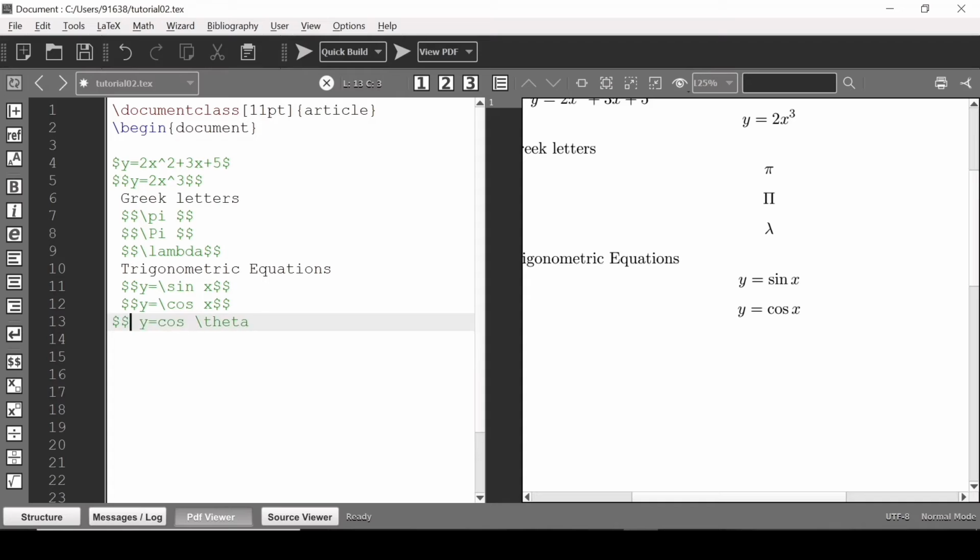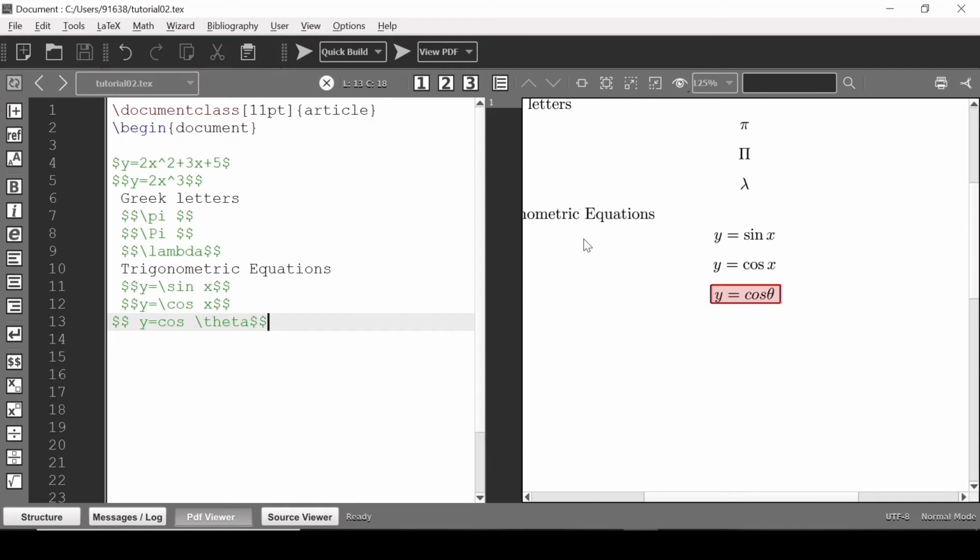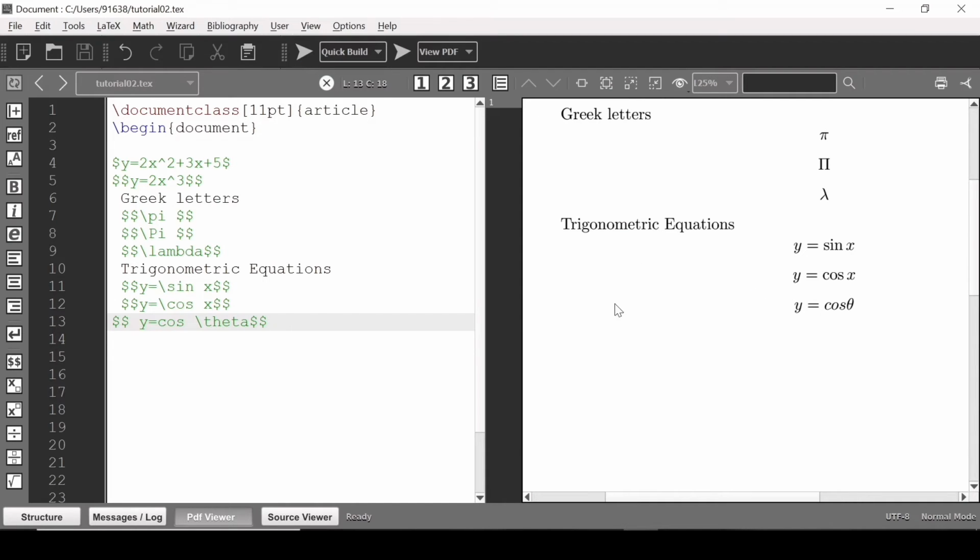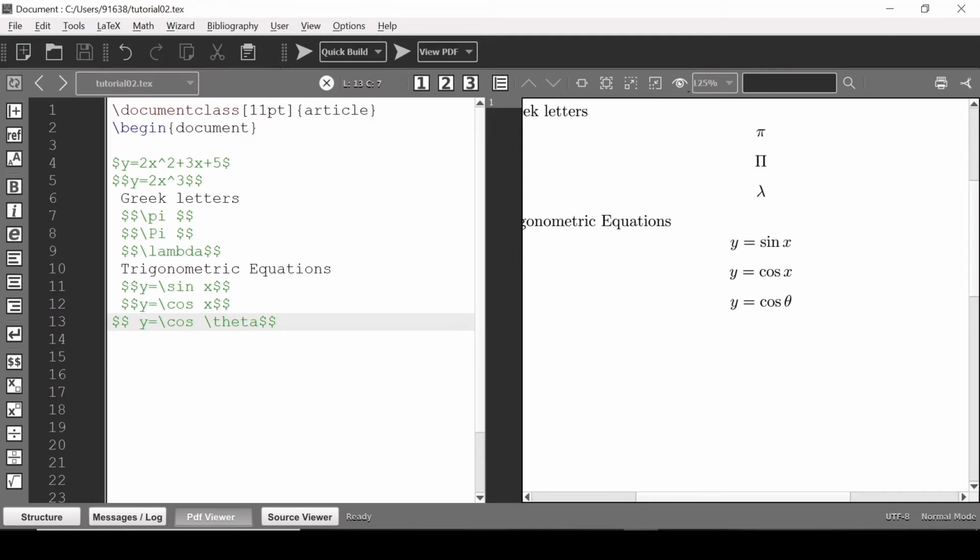Cos of theta, again in a double dollar sign. So you will see the result, cos of theta. Backslash here also. This is good now.